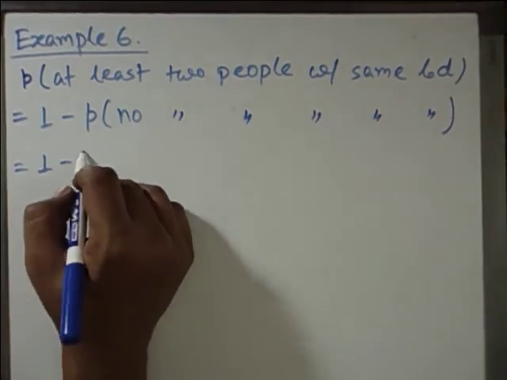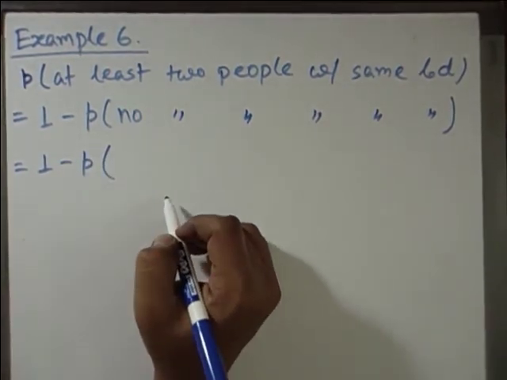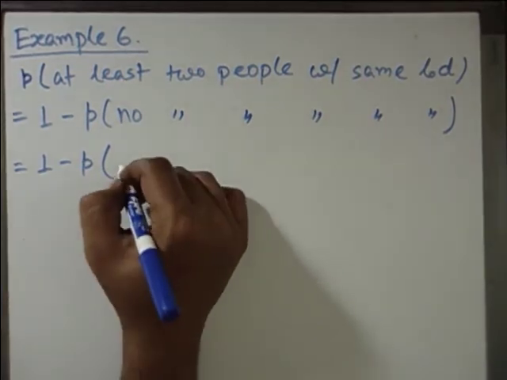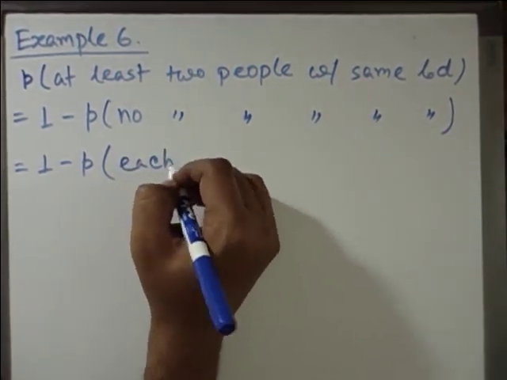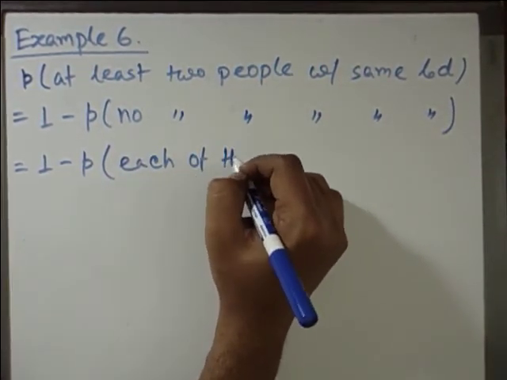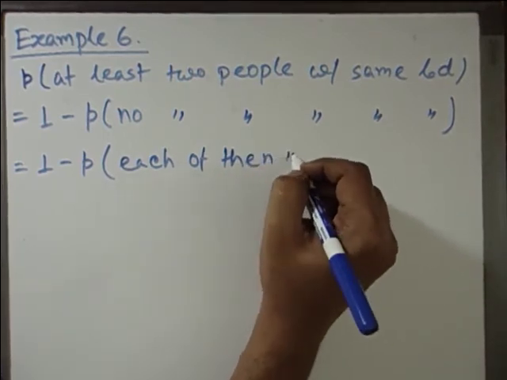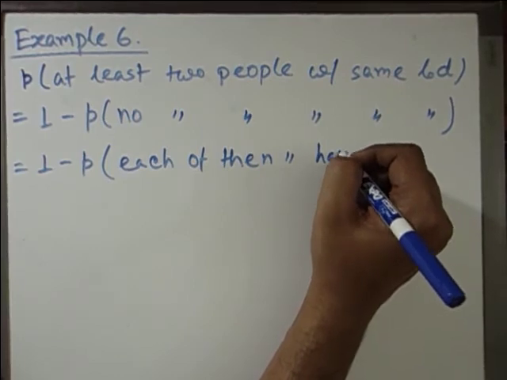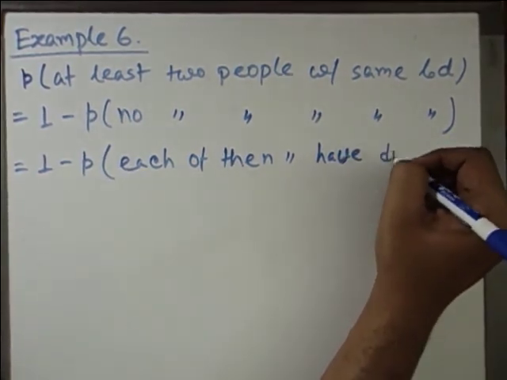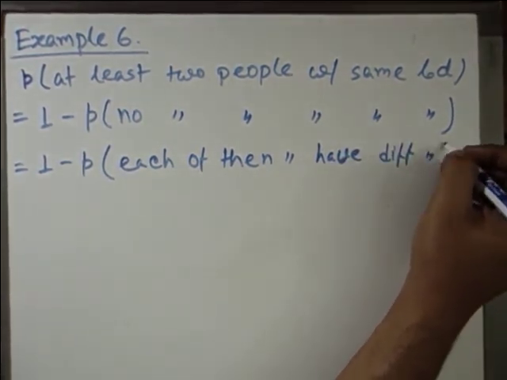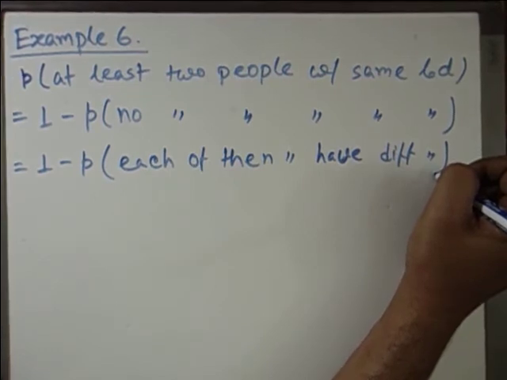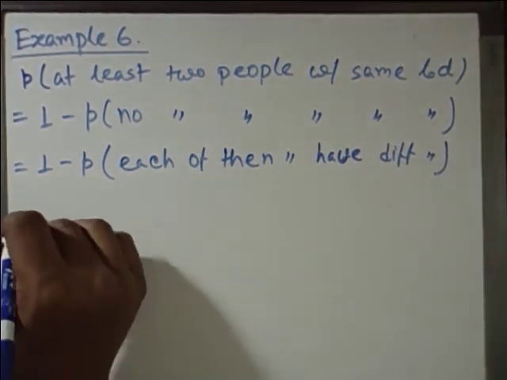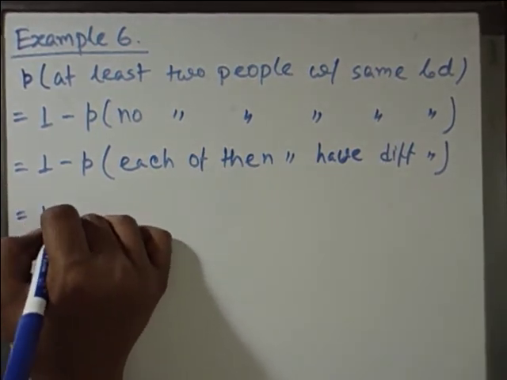So what does it mean that no 2 people have the same birthday? That means each of the n people has a different birthday. So there are n people in the room and all of them have different birthdays.